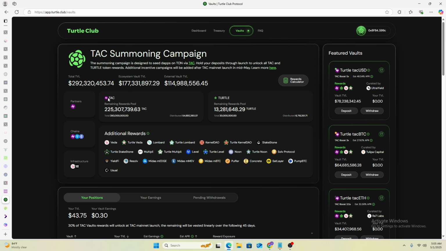Same applies to TAC. Interesting stuff. Distributed already is 54 million TAC. So you see there is a cap of 280 million TAC to be distributed. So starting early is of relevance, because once this is exhausted, you will no longer be earning them.